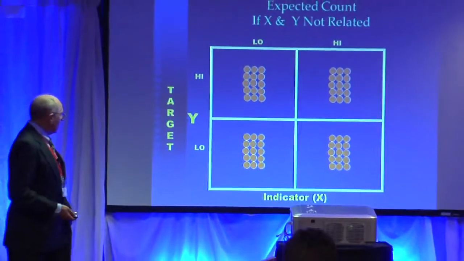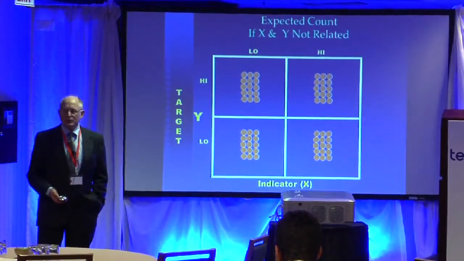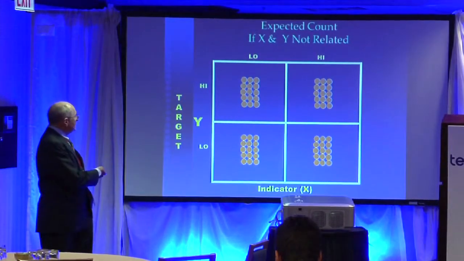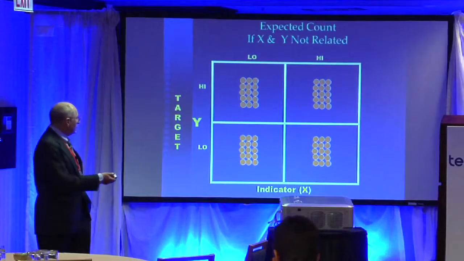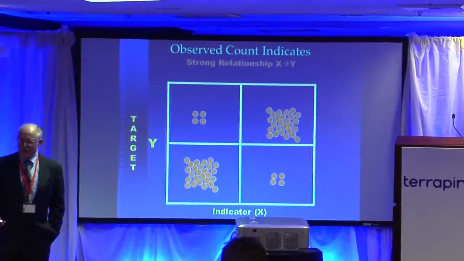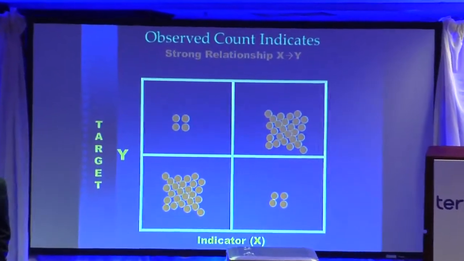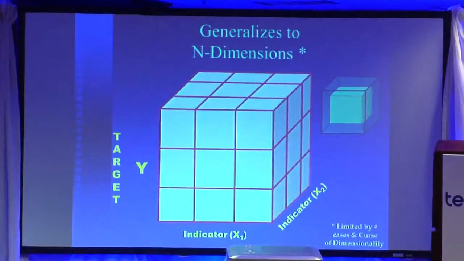Indicator on horizontal axis, targets on the vertical axis, so you've got a standard 2x2 cell structure. Suppose that is the expected count if X and Y, or indicator and target, are not related. If we get a count something like this, there's a big deviation from that expectation. The chi-square goes up, and we can start to see whether we have a significant relationship or not.